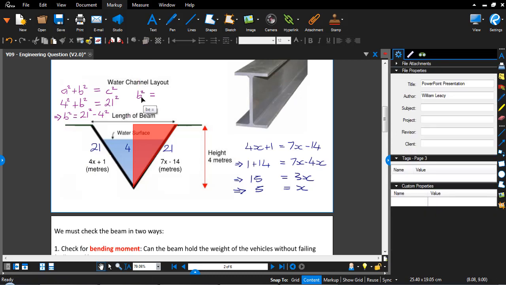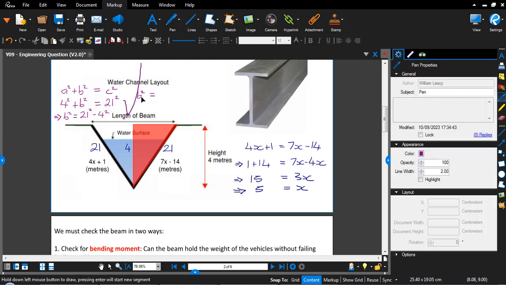It's all going back to Pythagoras' theorem, and it's not some kind of magic. So that implies b squared equals 441 minus 16, so that equals 425. So that implies b, we just do the square root of both sides, equals root 425.